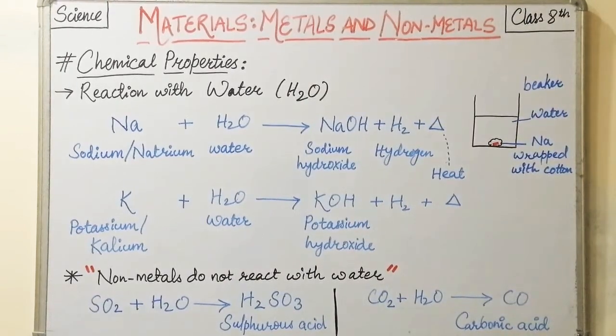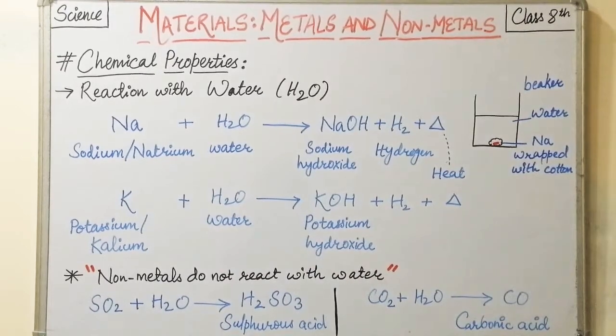Now for non-metals, the non-metals do not react with water, but their oxides may react with water, and the examples are given to you. Sulfur dioxide, when it reacts with water, gives us sulfurous acid, H2SO3. H2SO3 is sulfurous acid, not our sulfuric acid, which is H2SO4. So sulfurous acid is H2SO3.